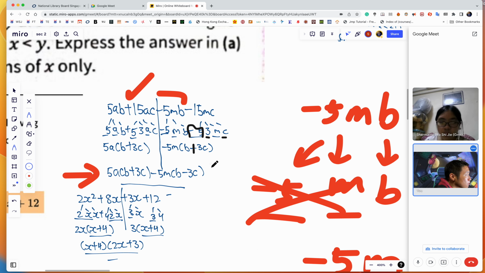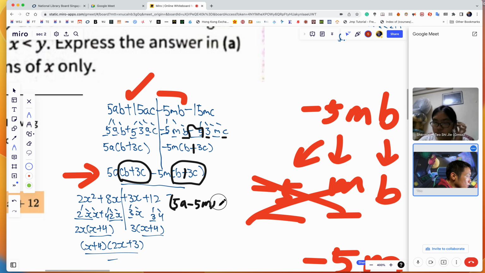Here is left with b. So therefore this is plus. Then after that, of course, you can see that this and this is common, right? Then you take out, so continue to take out 5a minus 5m, b plus 3c, right? But can you see that the 5 is common here or not?